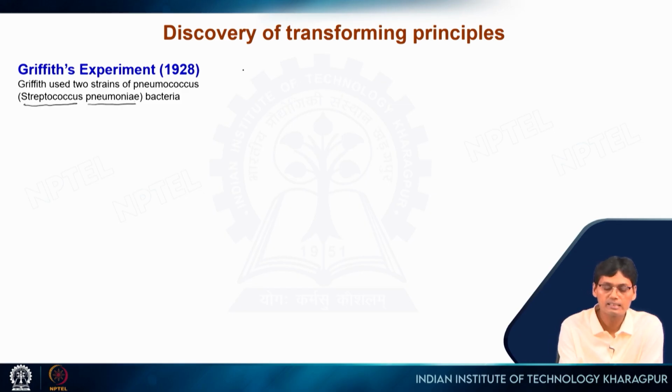So, what did he find? He found that there were two types of Streptococcus pneumoniae. One is the R type, where R stands for rough surface.